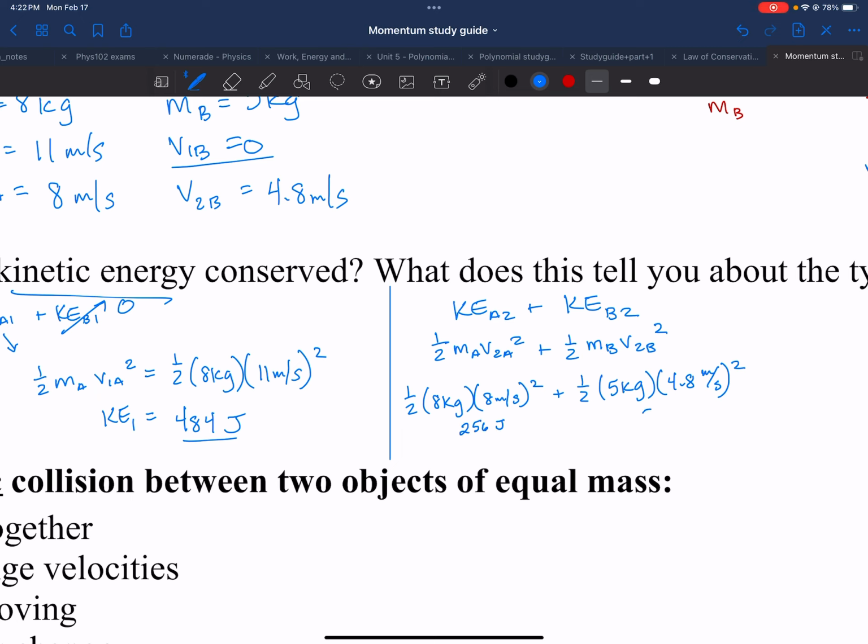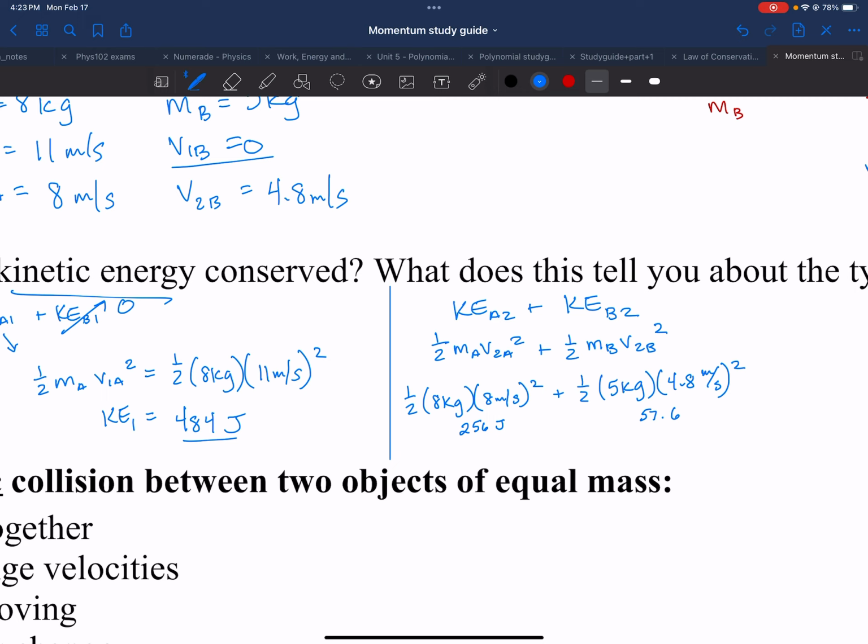This is 57.6. Let me double check that second one just to be sure. It looks a little odd. So 0.5 times 5 times 4.8 squared.